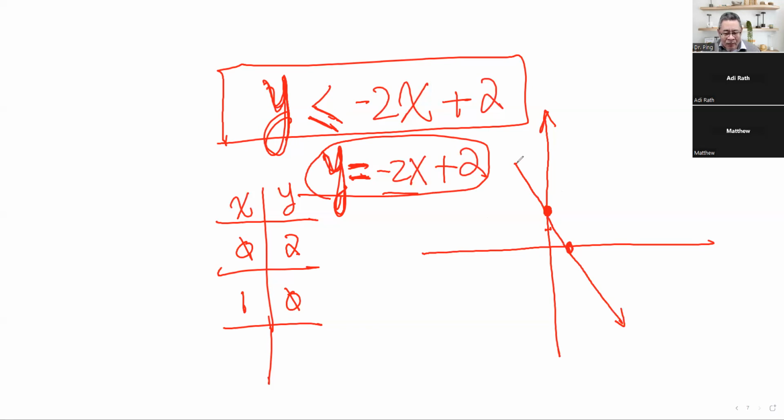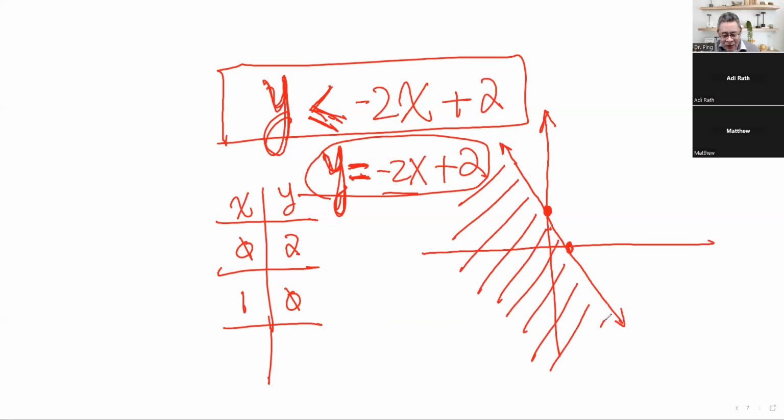And anything above that line, oh, this is the less-than sign, so it has to be below the line. So it will be here. That will be our solution, which means any points in the shaded region satisfy this inequality. For example, if we pick a point here, this is negative 2, negative 2.